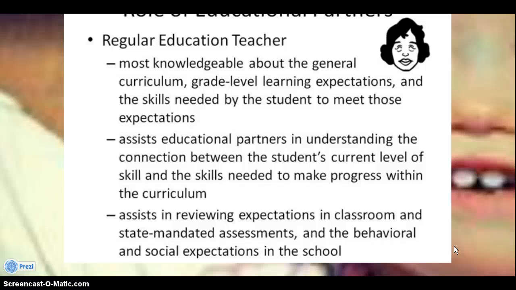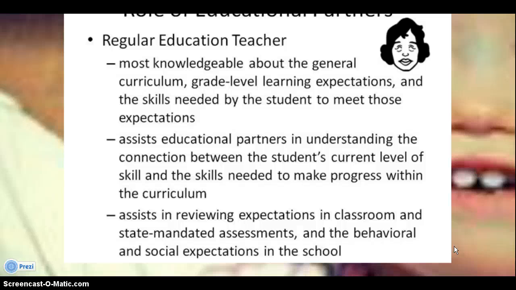And they can also assist in reviewing expectations in the classroom, in assessments, and in the expectations for the school. So in other words, the general ed teacher is the one who says, this is what it's like for everybody, and here's where this child is, and here's what we need to move him to so that he can fit into this general ed structure that we have.